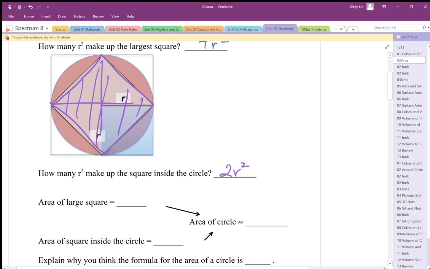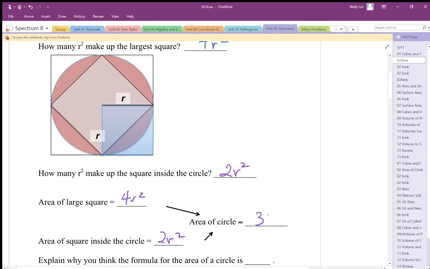I think it's not a stretch to say that the circle is kind of halfway between the small square and the big square. The area of the large square is 4r squared, and the area of the square inside is 2r squared, so approximately somewhere in between 4 and 2, we'll say 3r squared is not a bad estimate for the circle.